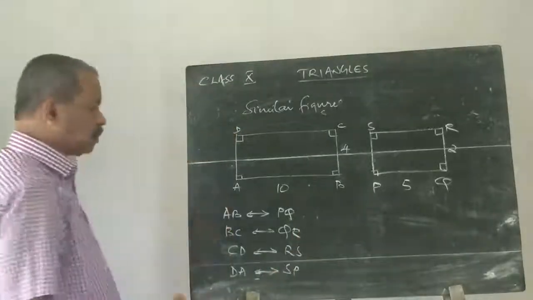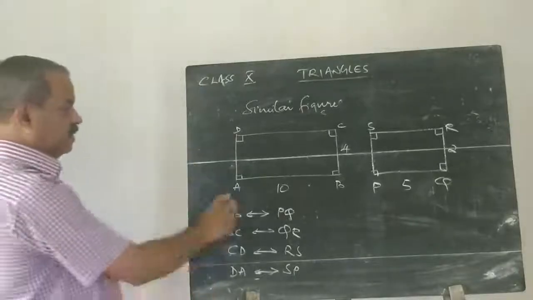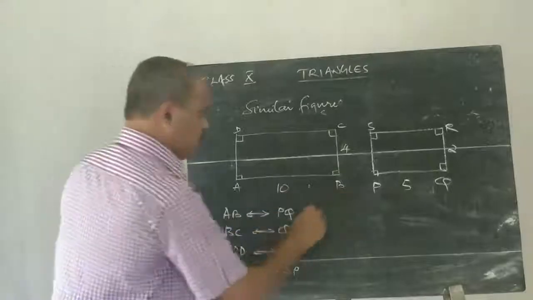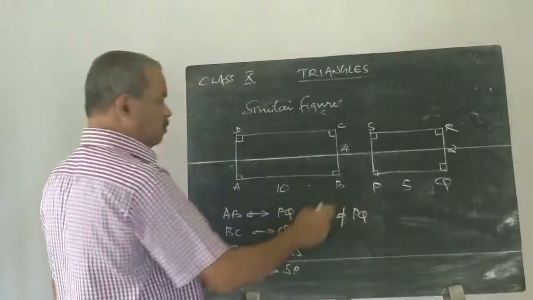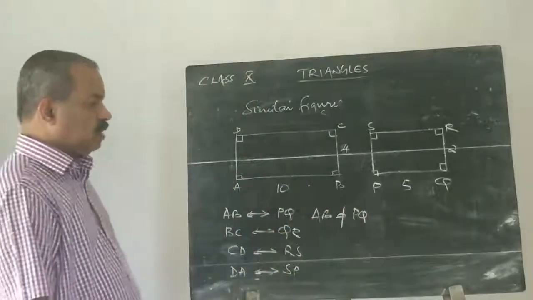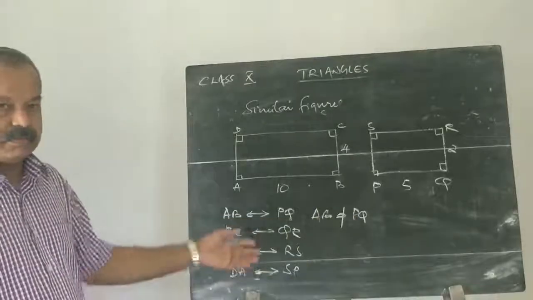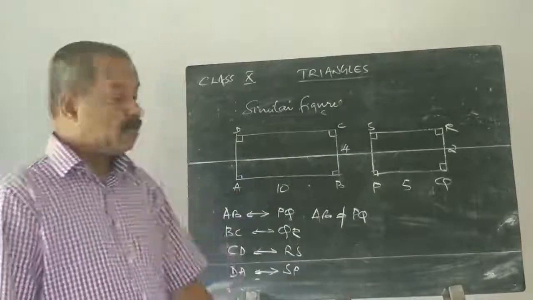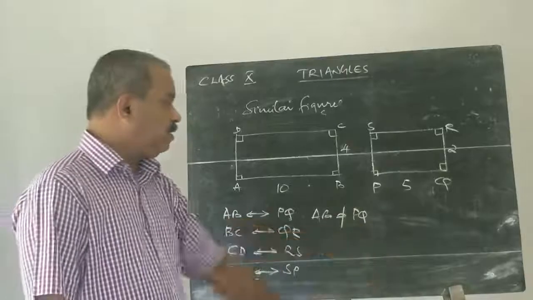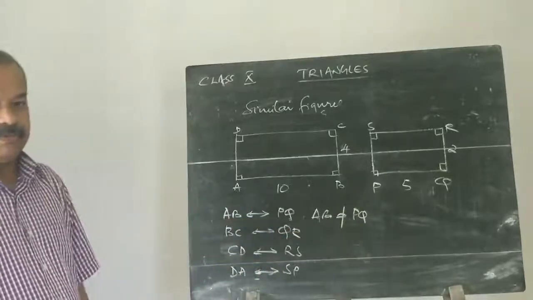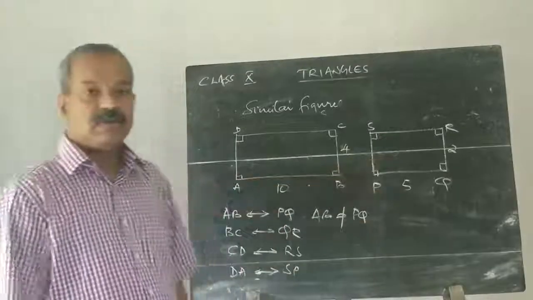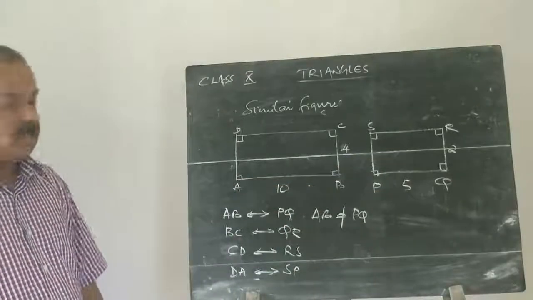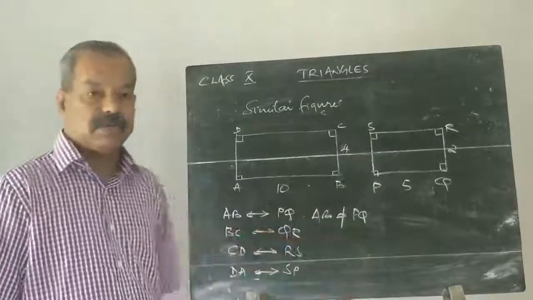Are these corresponding sides equal? Can we say that AB equals PQ? AB is not equal to PQ, because AB equals 10 and PQ equals 5 centimeters. That means these two figures are not congruent. But do they have any other property?